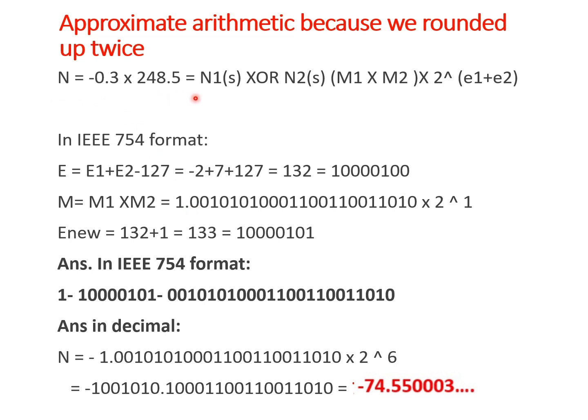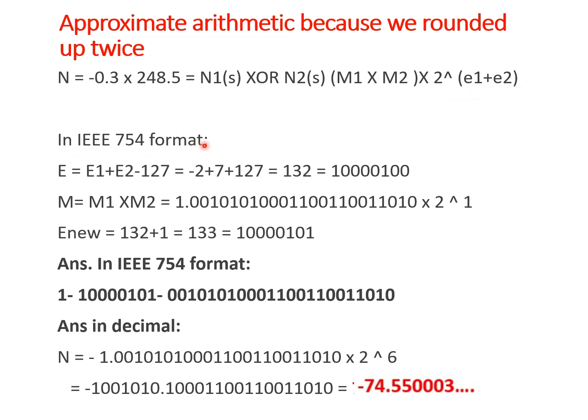So first of all you have to decide the sign of the two numbers. It will be first number sign XOR second number sign, and then M1 into M2, mantissa into mantissa, which is the 1.00, everything together, and then 2 to the power E1 plus E2.